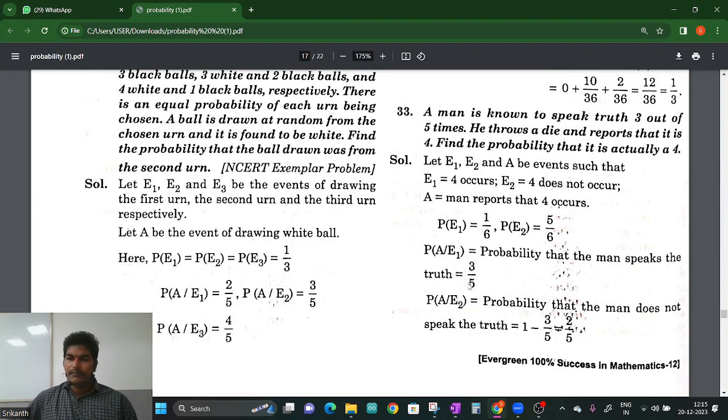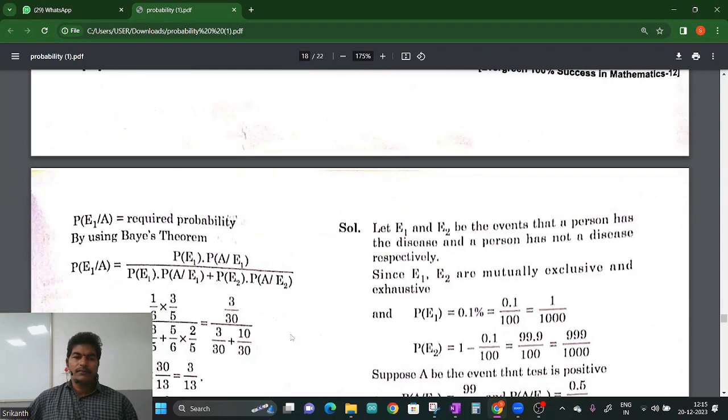How did I get this? 3 out of 5 times. Truth chance. This is getting 4 and not getting 4. Okay. So this E1 is showing 4 and he's true. 5 by 6 means not showing 4.